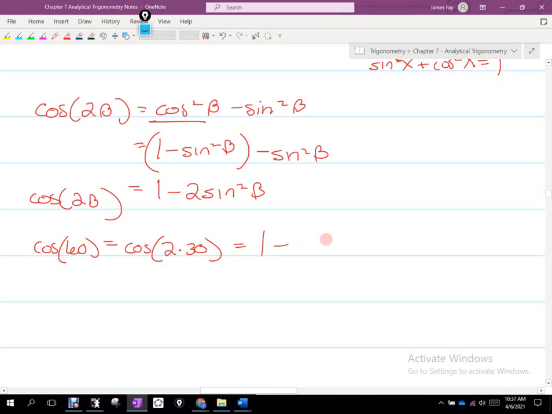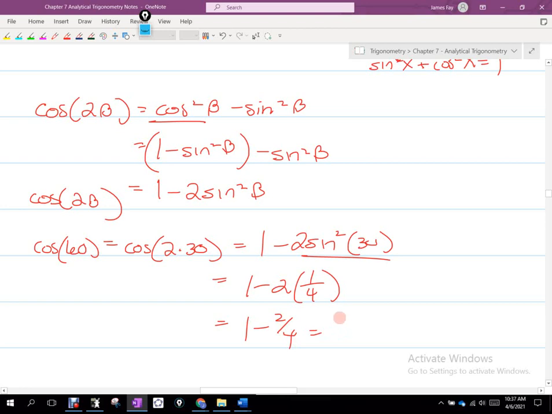So we go 1 minus 2 sine squared of, now beta would be 30, right? Okay. So I go 1 minus, what is the sine of 30? 1/2. So if I square that, I get 1/4, right? What's 1 minus 2/4? 1/2. Is the cosine of 60 1/2? And all I needed was the sine of 30 to generate that.